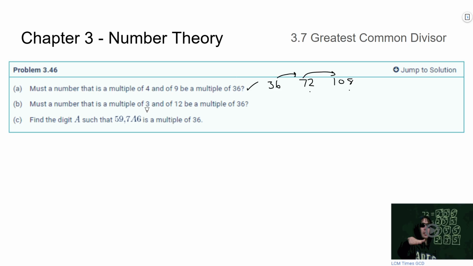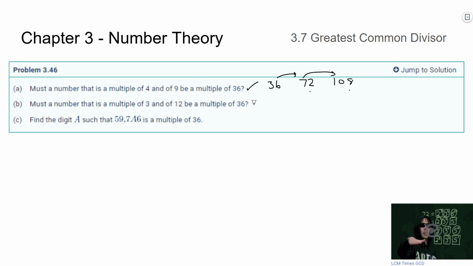Must a number that is a multiple of 3 and of 12 be a multiple of 36? Well, let's see. So the multiples of 3 are 3, 6, 9, 12, and so on. Multiples of 12 are 12, 24, and so on. So the answer is no. The least common multiple of 3 and 12 is going to be 12 in this case. So that's the first multiple that's going to be common to both 3 and 12.